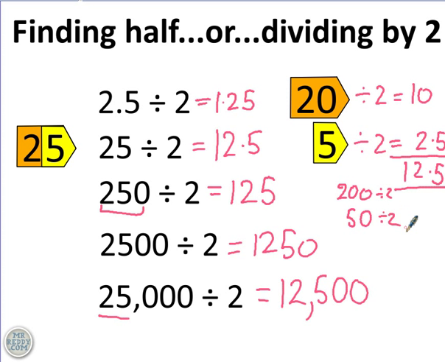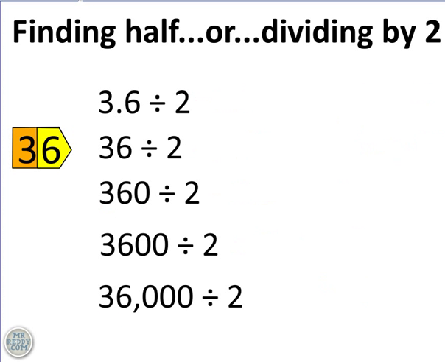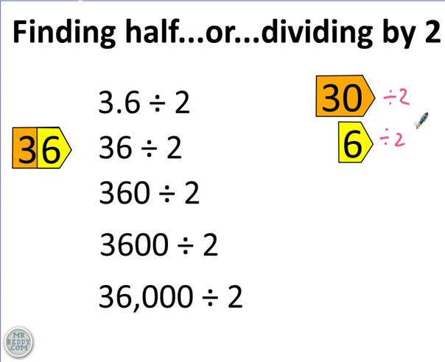Let's look at a similar example right here. 36. What I would like to look at in more detail here is what happens if the tens is an odd number. So my preferred way of doing it is to split 36 into 30 and 6, divide them separately, and combine the answers.